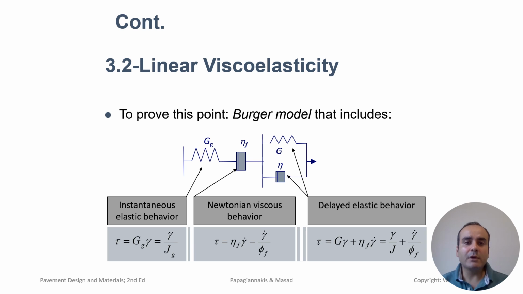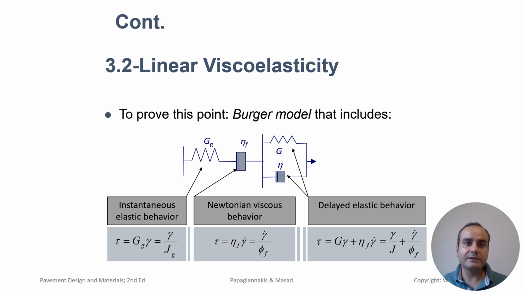The Burger's model is composed of four mechanical elements. Two springs represent the elastic deformation of the material. Two dashpots represent the viscous or irrecoverable flow of the material.